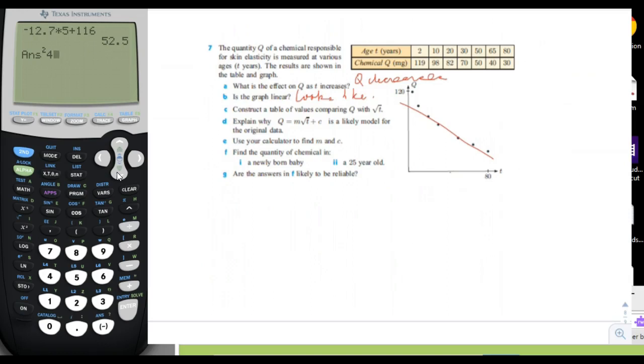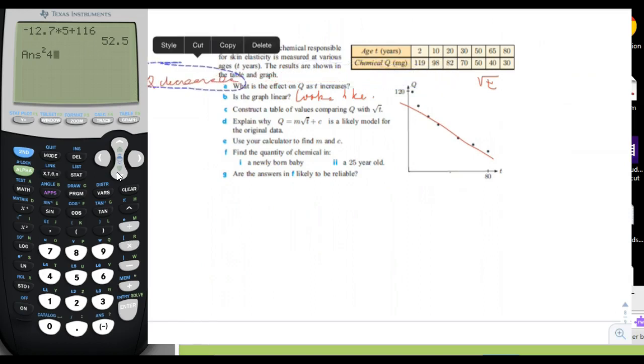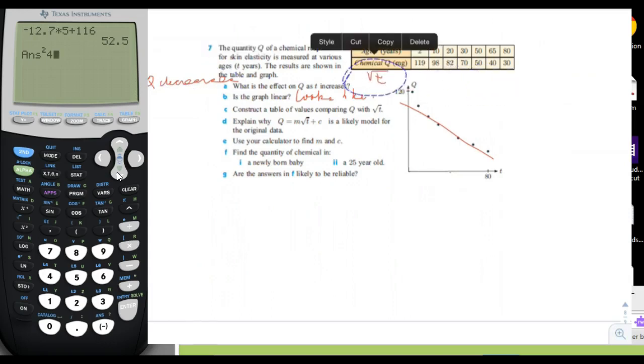Okay, so let's make a table with another row, which would be square root of T. Instead of just T here, the square root of 2 is like 1.41.